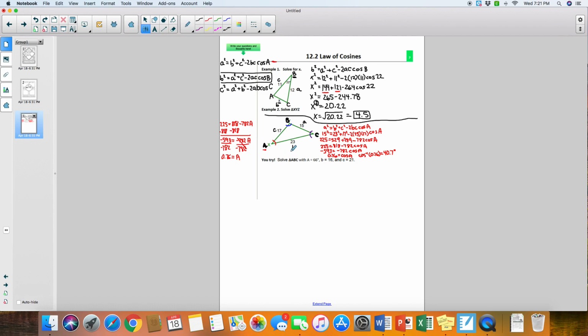Again, it's going to be the same. I'm going to pick the formula that has the B in it, and I'm going to write it over here on the side because I'm running out of space over here.